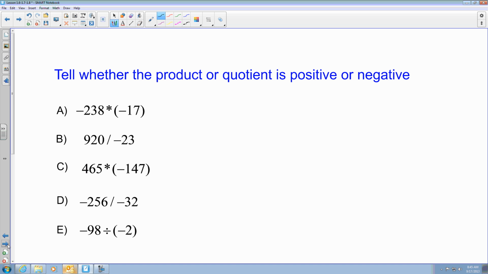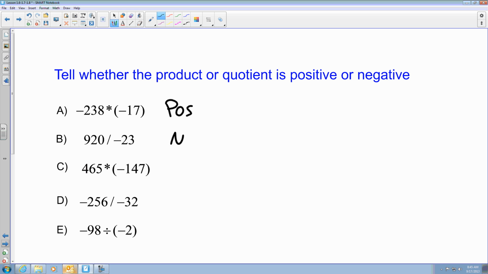If you look at examples A through E, all I want you to do is tell me whether the answer is going to be positive or negative. So for A, I'm multiplying 2 negative numbers. Their signs are the same, so that's going to be positive. For B, I'm dividing 1 positive and 1 negative.